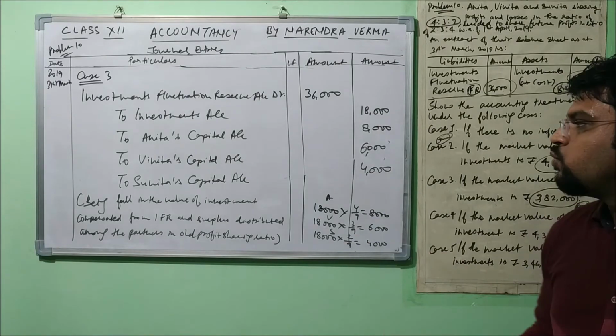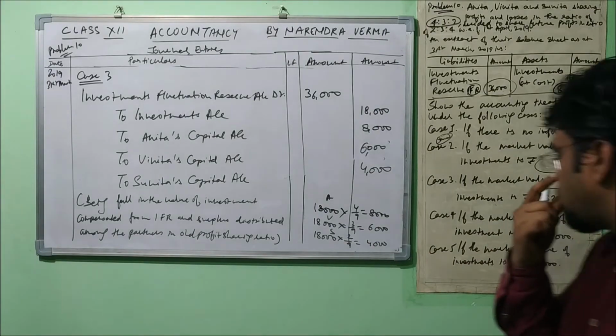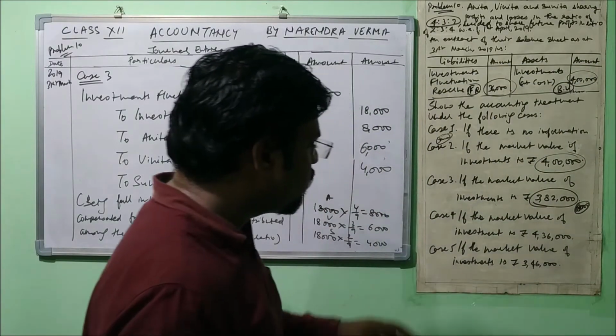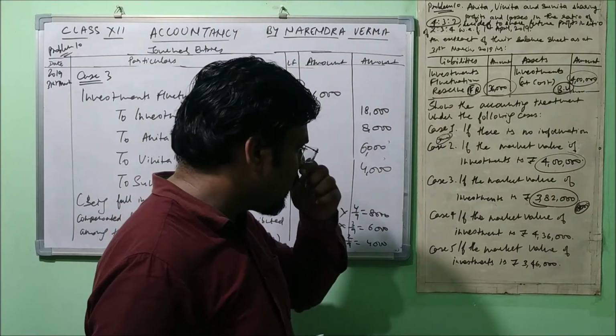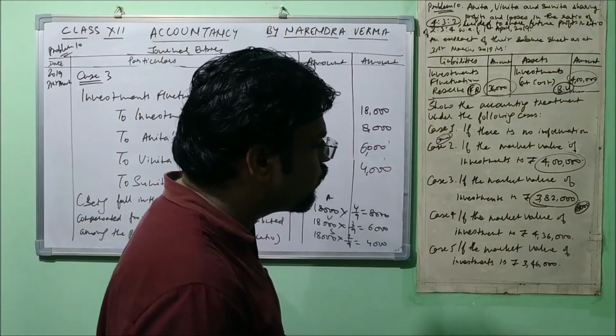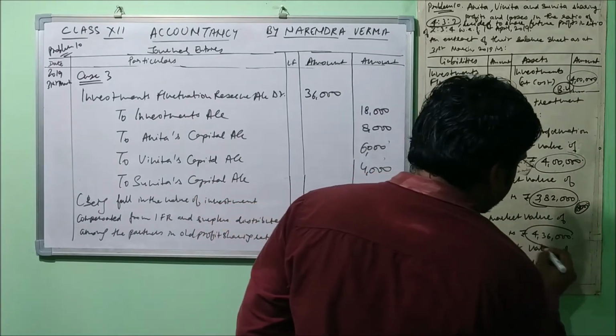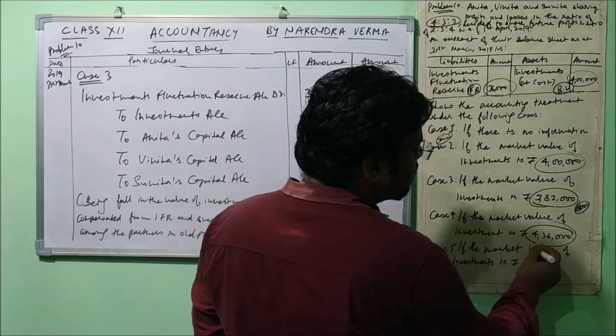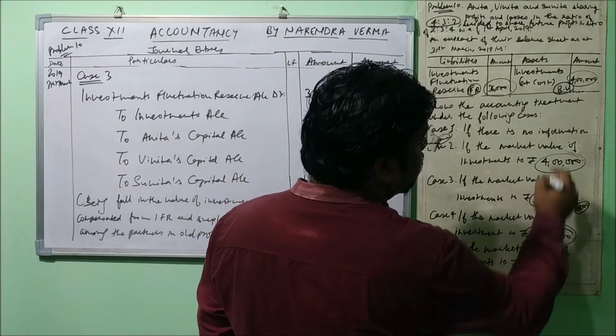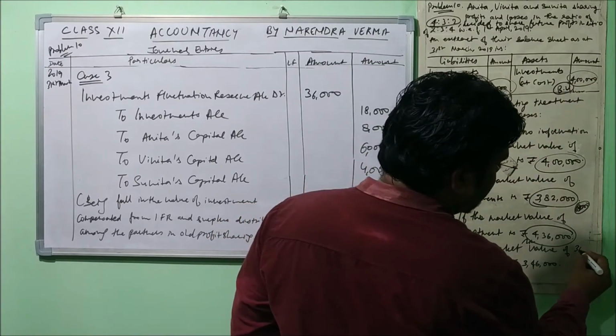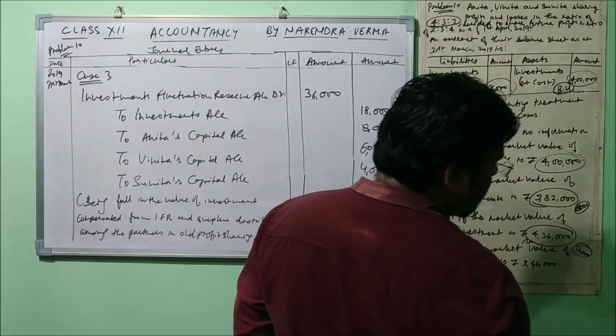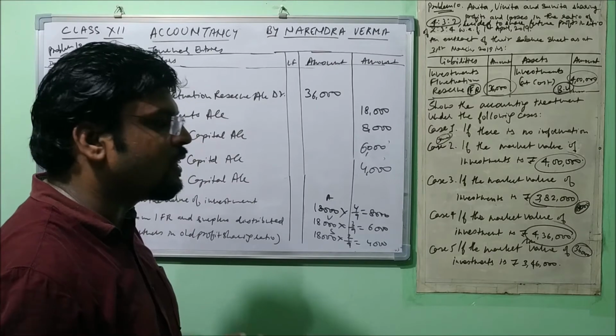Understood? Now let's move on to case 4. What does case 4 say? Case 4 says that if the market value of investment is rupees 4,36,000, then if we compare this market value with the book value, we get 36,000 in plus. So this is not a case of fall in value.